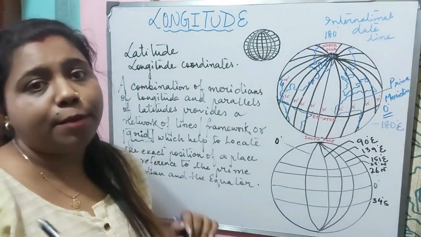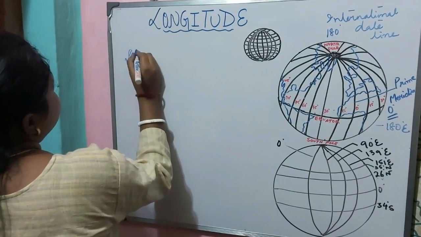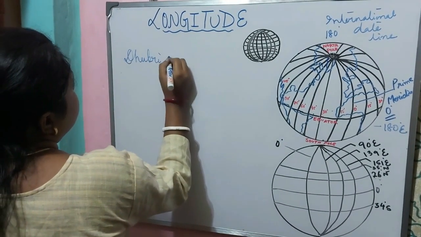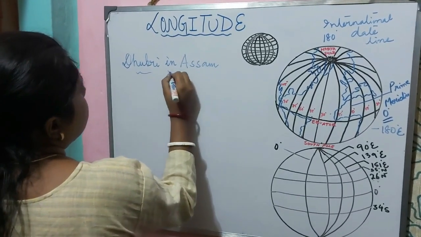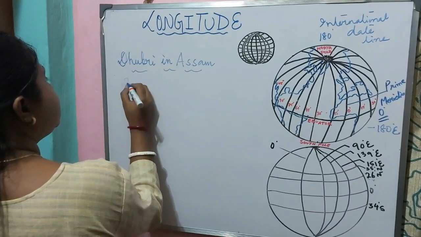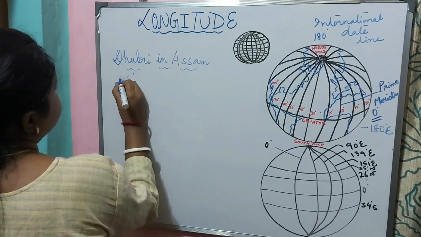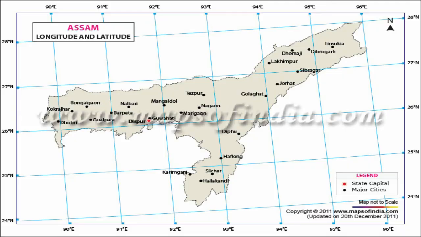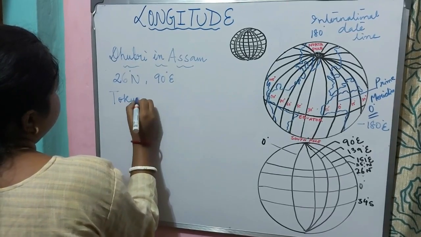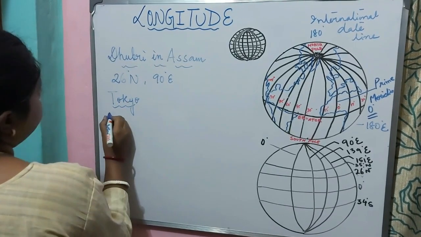Let us understand with the help of an example. Suppose Dhubri in Assam is located at 26° north and 90° east. Suppose Tokyo is 35° north and 139° east.